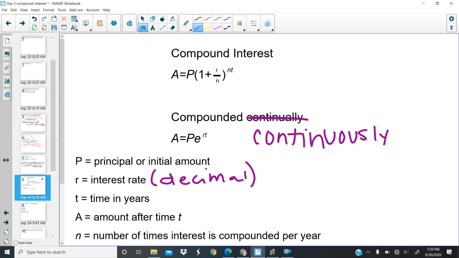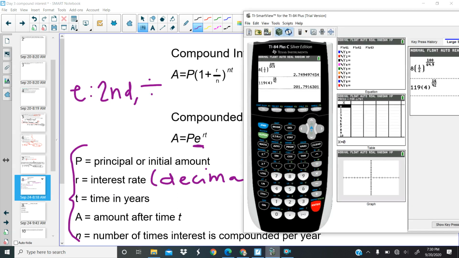Oh, and while we're on it, the second one for compounded continuously, this is called the PERT formula. That E right there, notice I don't have it written down here anywhere. That's because E is actually going to be a number. So for E on a calculator, you're going to hit the second button and then the divide button. And then that'll give you E. So let me just show you real quick that E is a number.